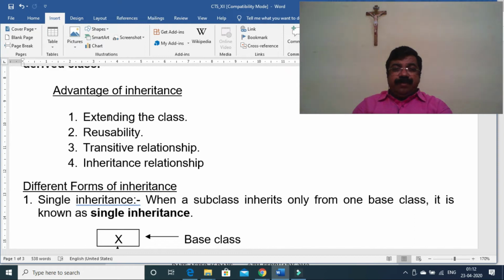How? For the grandfather, you are his son, indirectly. Through your father, you became the son of your grandfather. That kind of relationship from you to your grandfather is known as a transitive relationship.